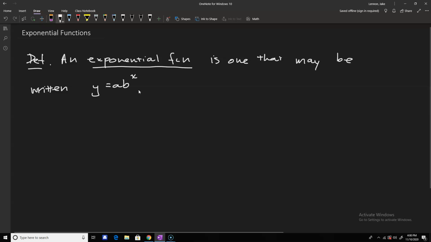In the future, we'll see there's another form, continuous exponential form, but that requires the use of Euler's number, and we'll get there. But for now, let's just start with this definition. So there are some requirements on the constants. A needs to be positive, and it represents the initial amount in any word problem.